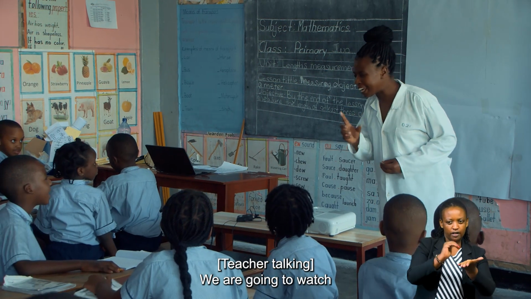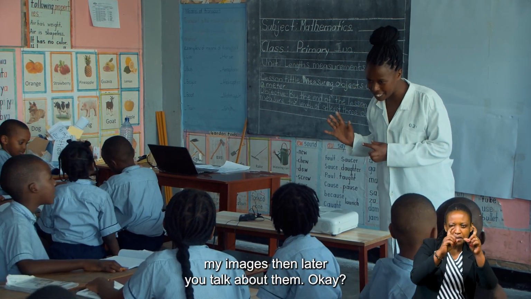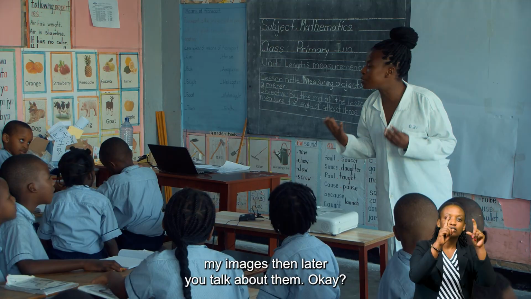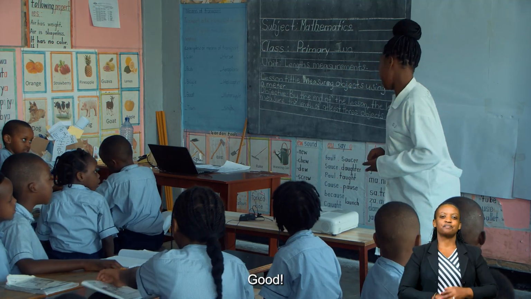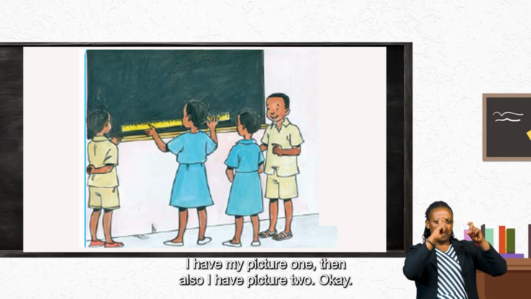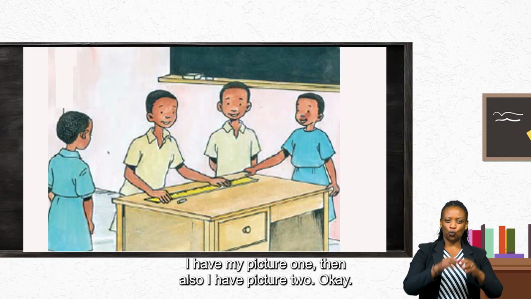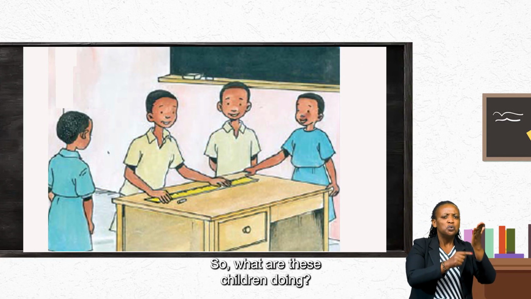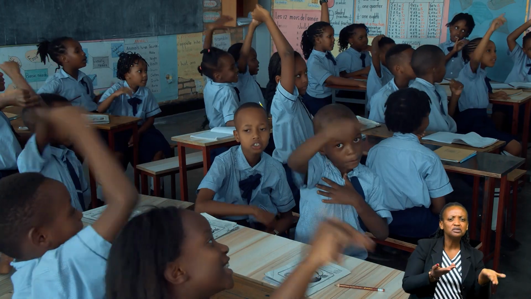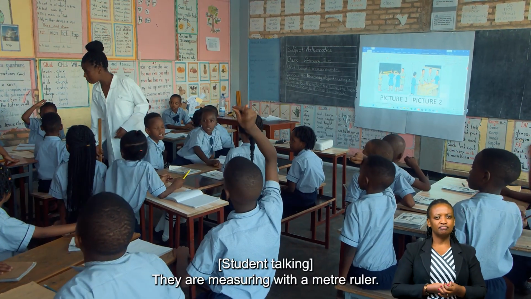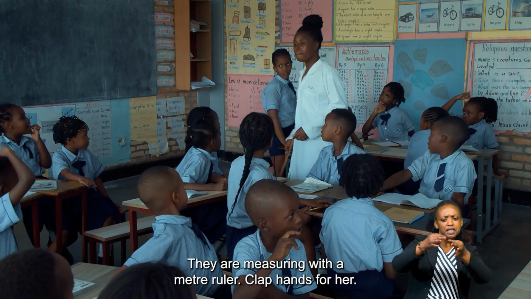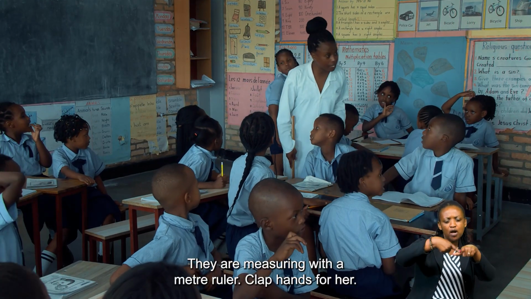We are going again to watch my images, then later you talk about them, okay? Yes. Good. I have my picture 1, then also I have picture 2. Okay, so what are these children doing? They are measuring with the meter ruler.